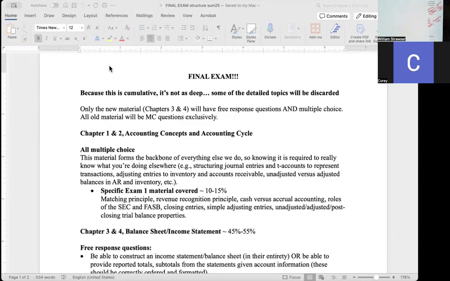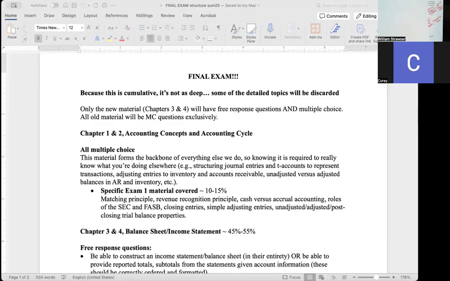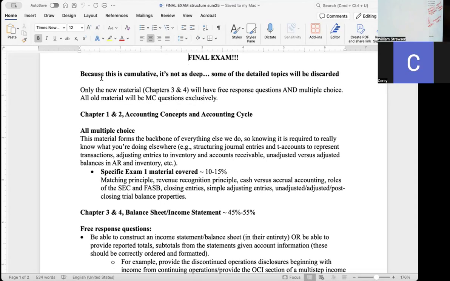I try to have multiple choice questions that would be average difficulty for someone who studied the material the first time for the exams as they occurred in the course and were able to remember the big ideas from each chapter. And so some of the real excruciating detail gets discarded.